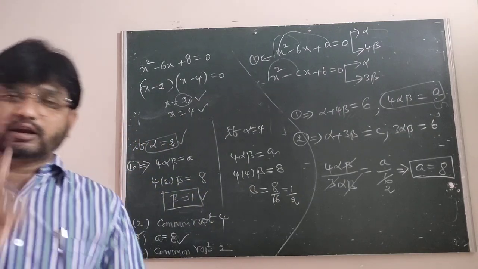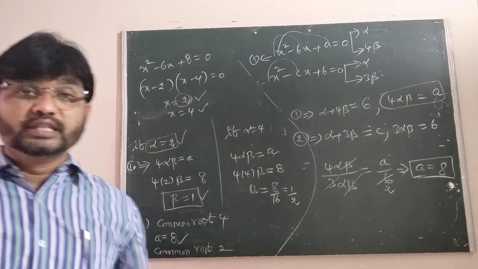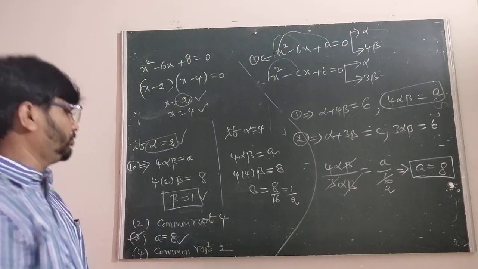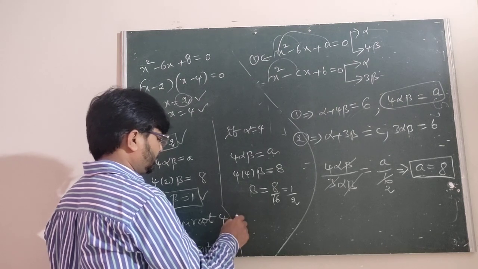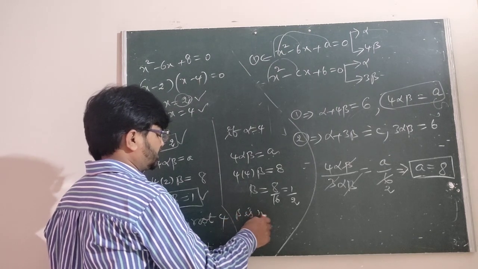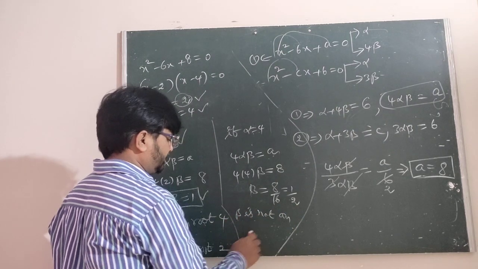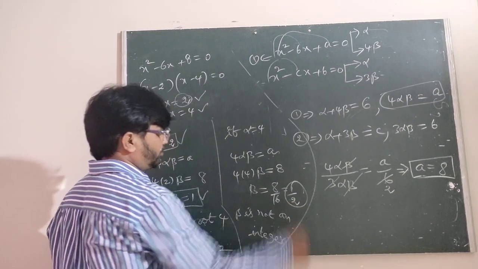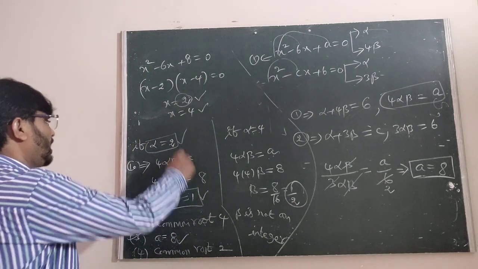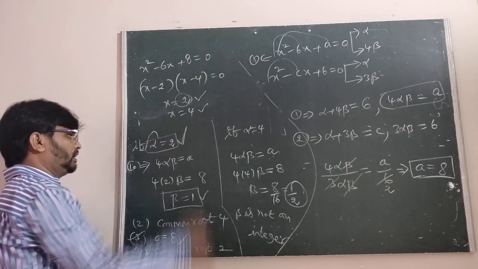Given that the other roots are also integers in the ratio 4:3, here beta must be an integer, therefore beta is not an integer since 1 by 2 is not an integer. Therefore alpha equal to 2 is the correct answer.